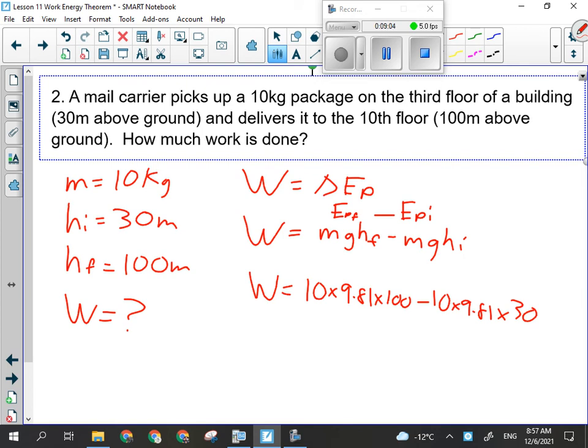Not 130, 70. Yeah, you could have just done the difference in heights, and that would have given you the change in potential energy as well. It only works for potential, which is why I don't bring it up when we're doing kinetic, because in kinetic it's squared and there's a half in there, it messes things up. But for this one here, you could just do m times g times the change in height, and you get the right answer.